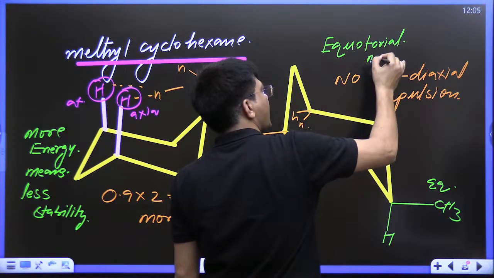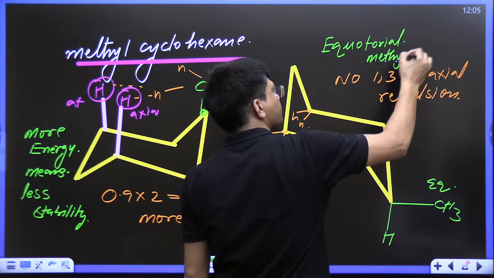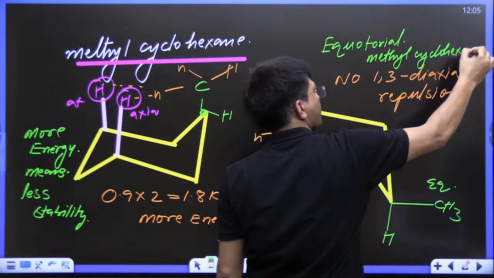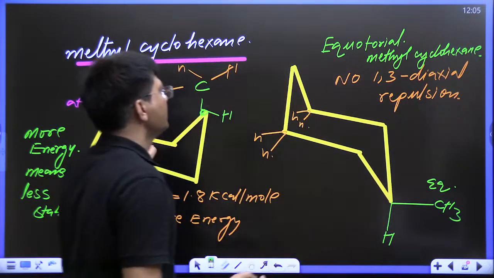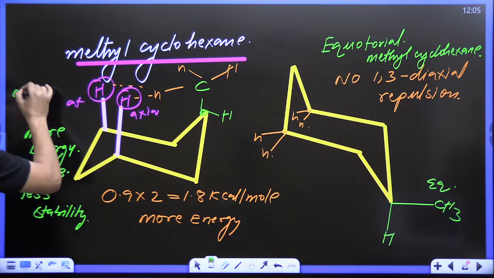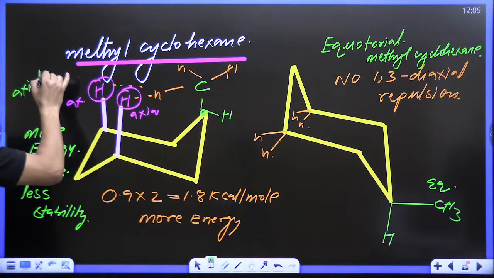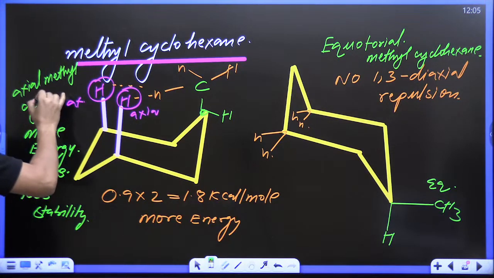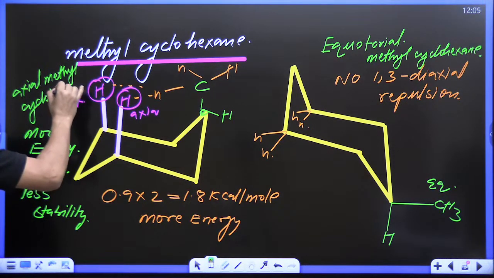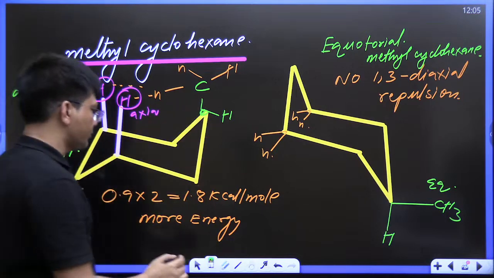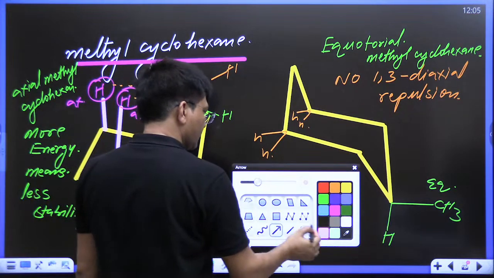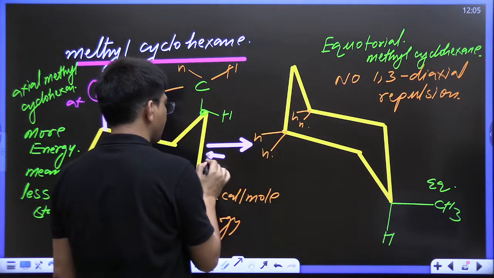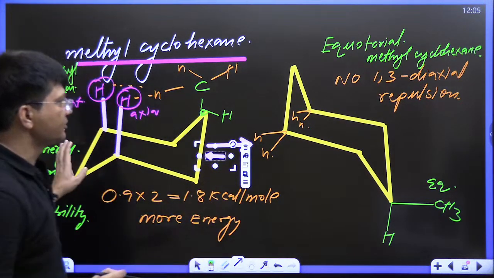Equatorial methyl cyclohexane is definitely more stable, so the equilibrium will lie more toward that side and less toward this side.